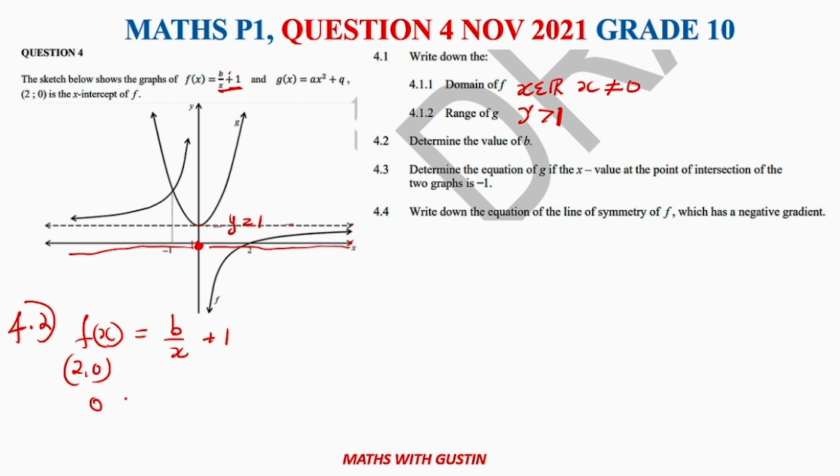So we put 0 there, and x will be 2, plus 1. Therefore, we can calculate b. Take 1 to the other side. It's going to be negative 1 over 2. Therefore, b should be equal to negative 2. Great stuff.